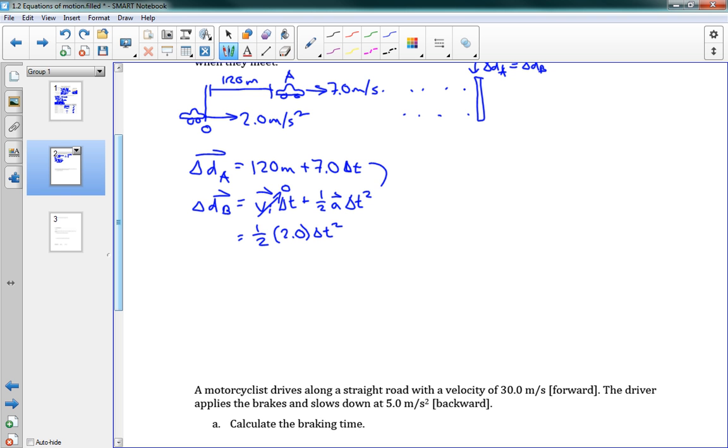So if I take all this, this tells me that 120 plus 7.0 delta t is equal to 1/2 times 2, which is just going to be 1, so it equals delta t squared.